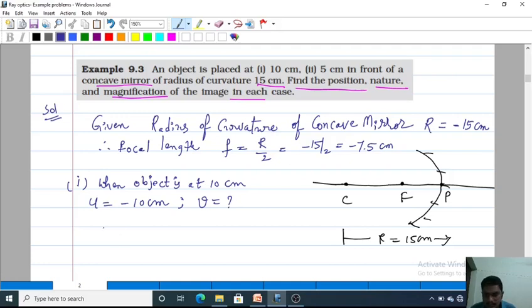Now u is equal to minus 10 centimeter, and here first I need to find the image distance. Focal length is given to us, so I'll use the mirror formula. You know that mirror formula: 1 by f is equal to 1 by v plus 1 by u.